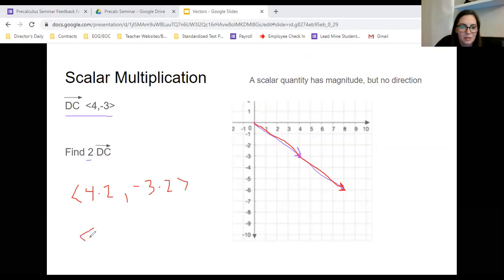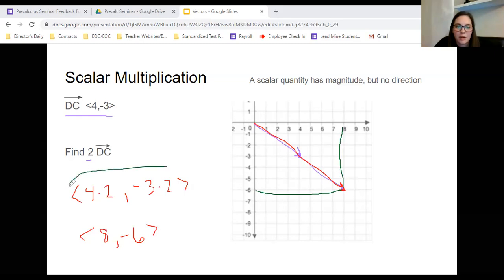So my 2DC is going to be 8, -6, and I can confirm that by taking a look at this vector. It has an x component of 8 and a y component of -6. So scalar multiplication, pretty easy. You can do it graphically or you can do it algebraically like we did over here.